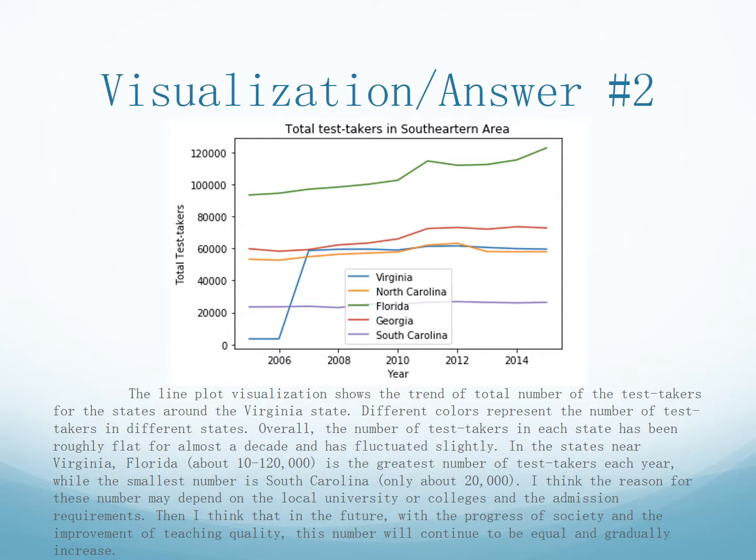There are only about 20,000. I think the reason for this number may depend on the local universities or colleges and the admission requirements. Then I think that in the future, with the progress of society and the improvement of teaching quality, this number will continue to be stable and gradually increase.